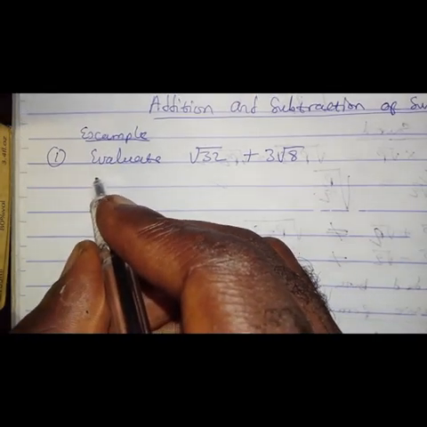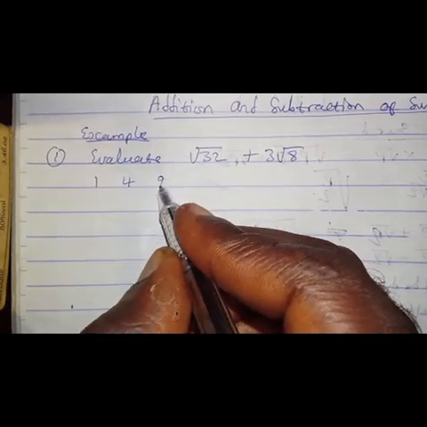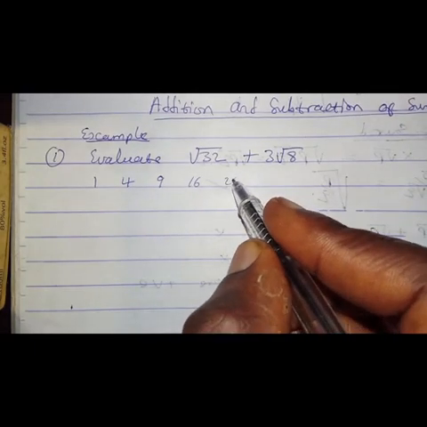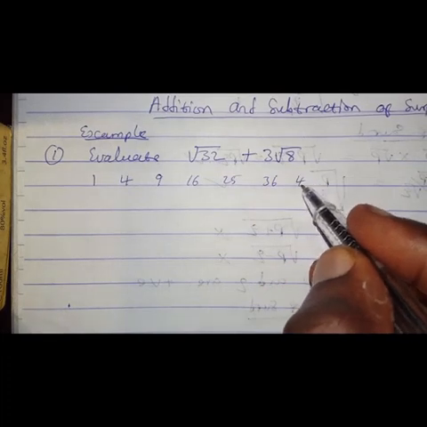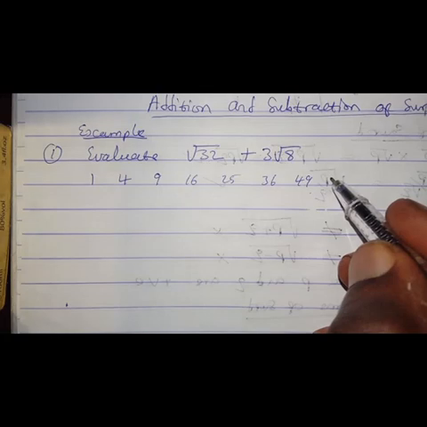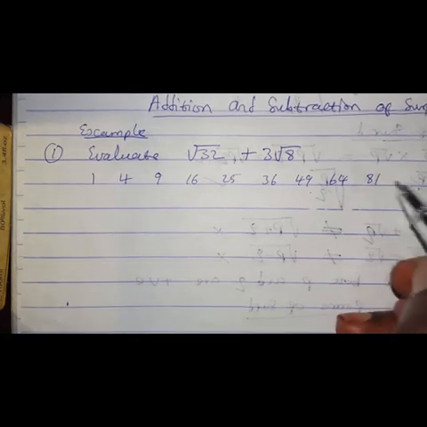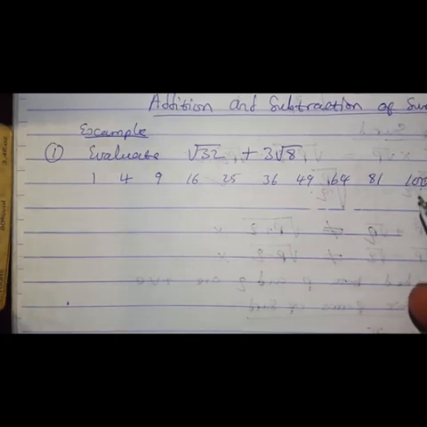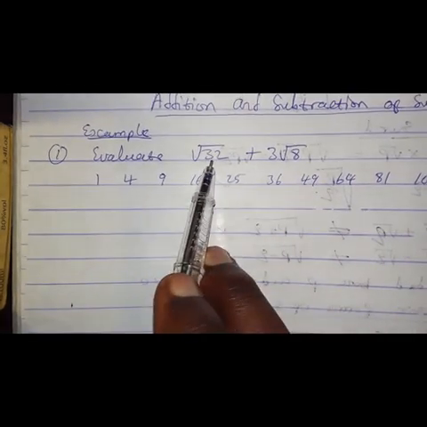The square of 1 is 1, the square of 2 is 4, the square of 3 is 9, the square of 4 is 16, the square of 5 is 25, the square of 6 is 36, the square of 7 is 49, the square of 8 is 64, the square of 9 is 81, and the square of 10 is 100. Let's stop here.